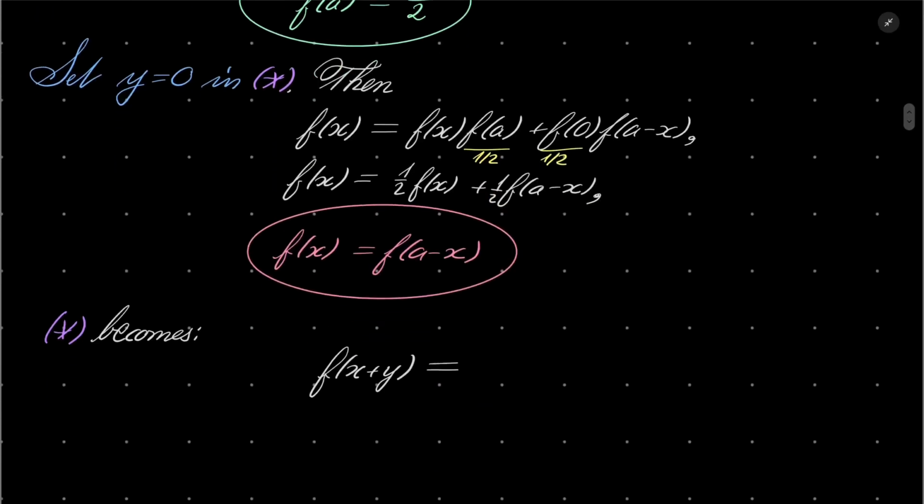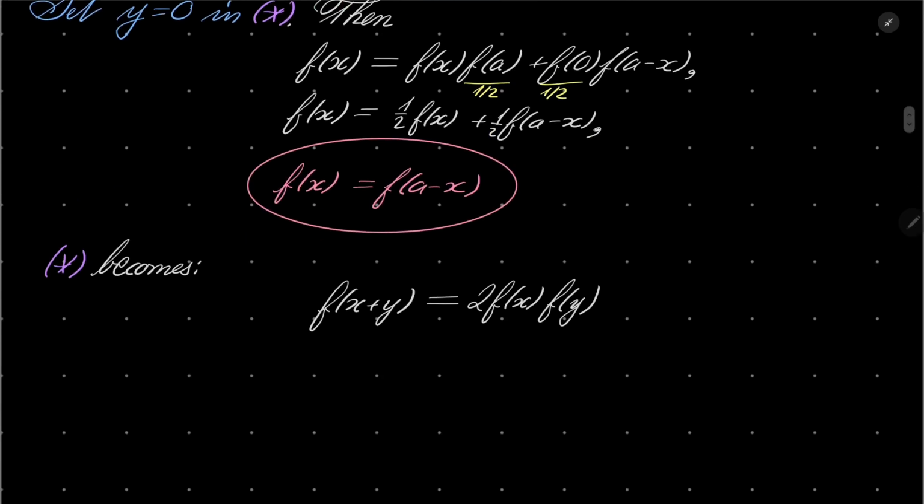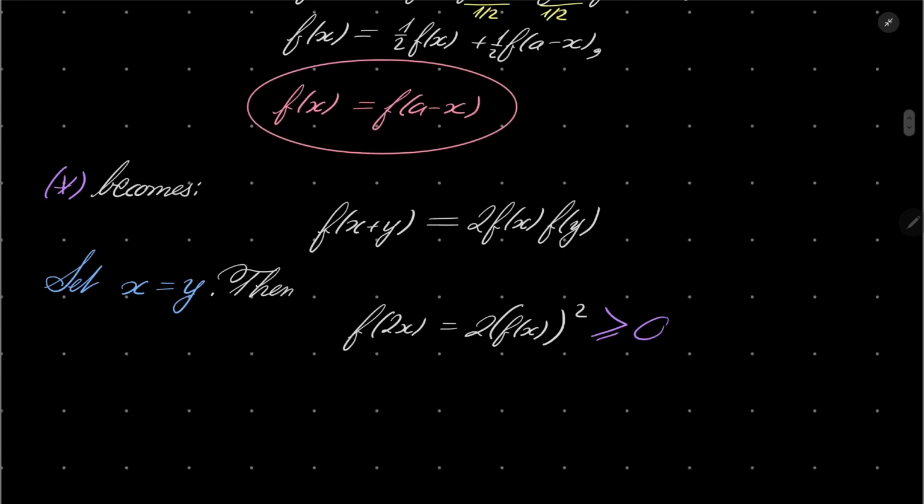So 2 times f of x, f of y. And in particular, if I set x to be equal y, then we have f of 2x equals 2 times f of x squared. And in particular, this is greater than or equal 0. So f of x is definitely greater than or equal 0 for every x.